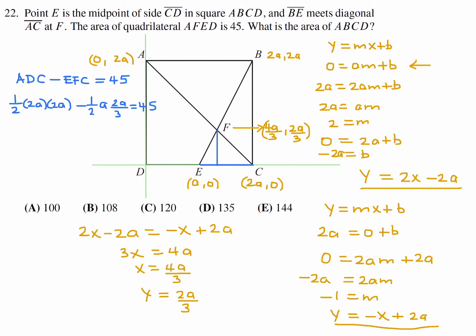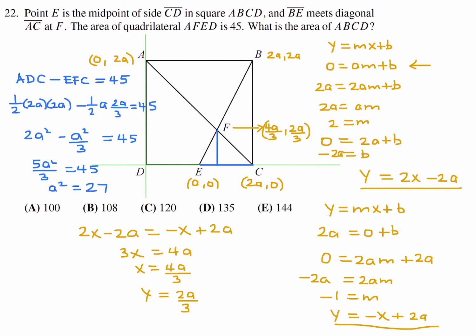All right, so this gives me 2a squared, and this gives me a squared over 3, and that equals 45. So doing this math, I will get 5a squared over 3 is 45. So that means a squared would be 135 divided by 5, 27.